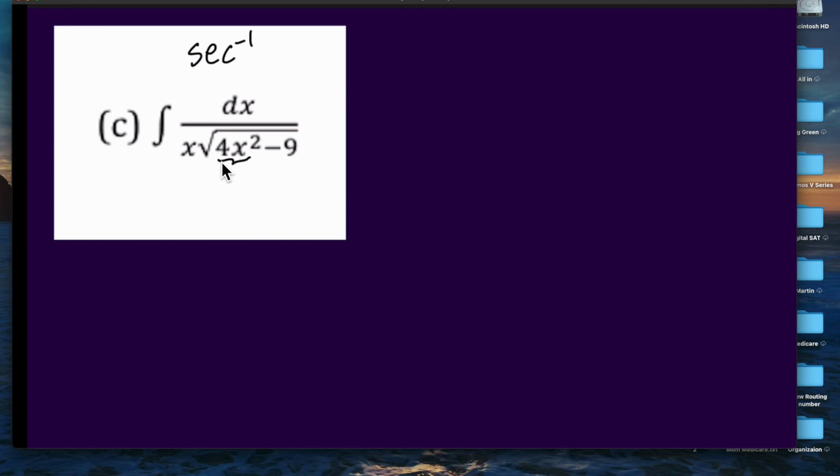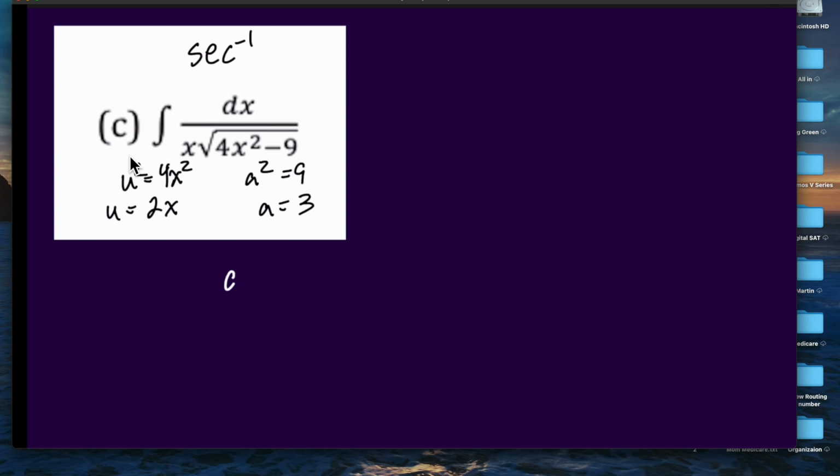Also, inverse secant, recall, has the u squared first and the u out in front for emphasis. Okay, so with that in mind, let's go ahead and let u squared equal 4x squared and a squared equal 9. That means u is going to equal 2x and a is going to equal 3.